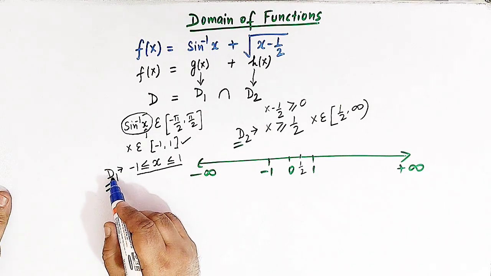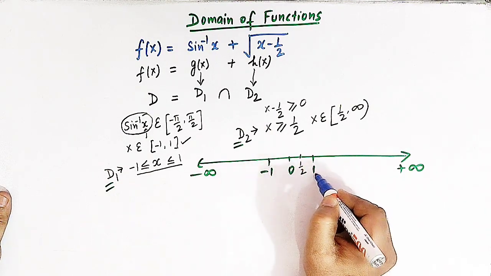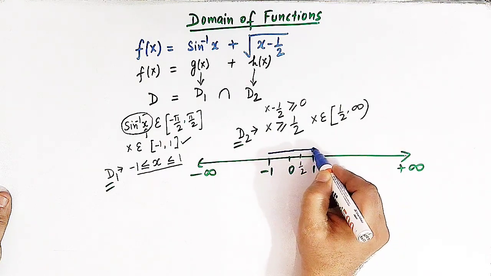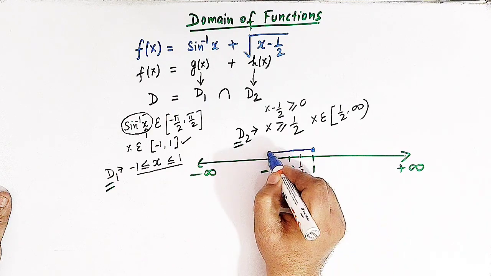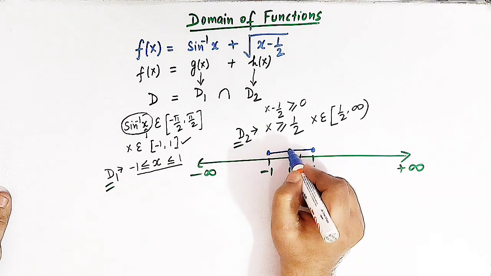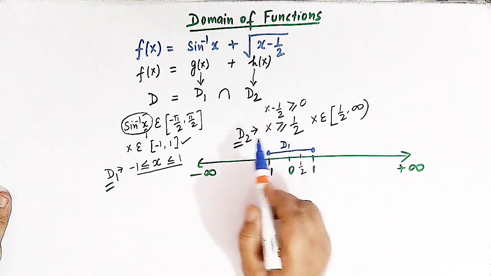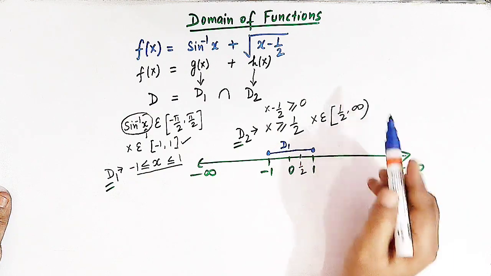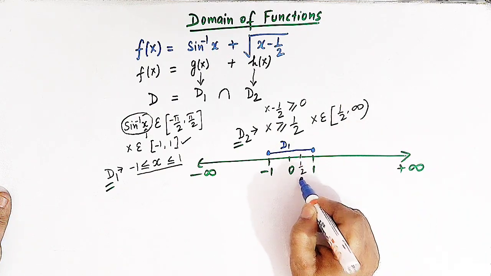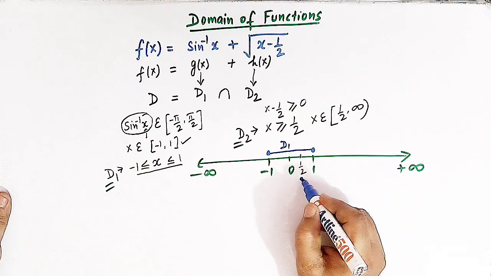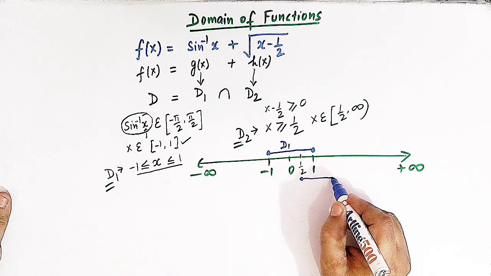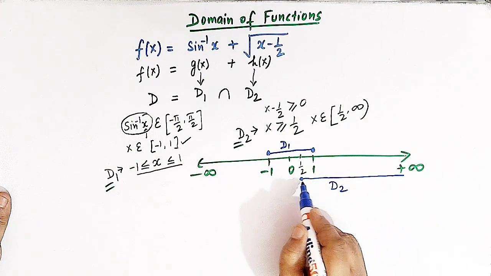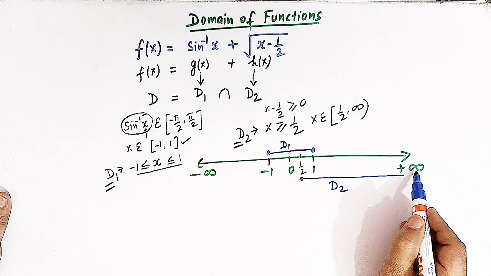So now d1 is from minus 1 to 1. So here we have d1, including both these endpoints, right? So this is our d1, and d2 is given by this interval, that is half to infinity. So here half is included, and we go like this, right? So this is our d2 from half to plus infinity.